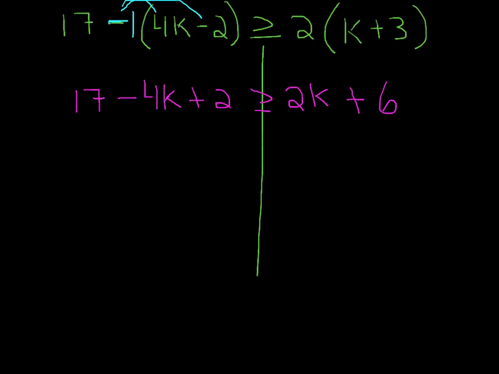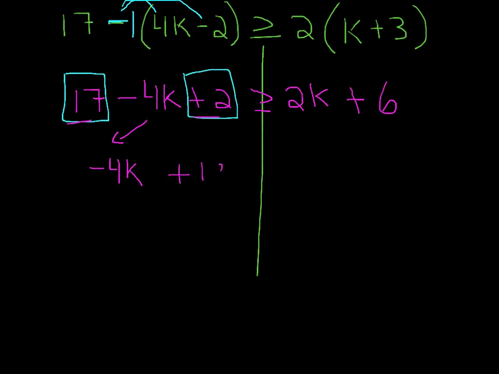After you distribute, look to see if you have any like terms you can combine. And in this case, I have 17 plus 2. So if I rewrite this, negative 4k, and then 17 plus 2 is 19, is greater than or equal to 2k plus 6.